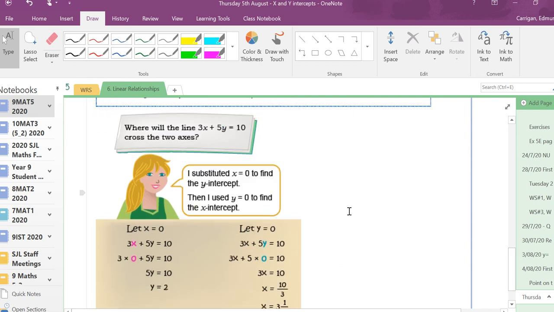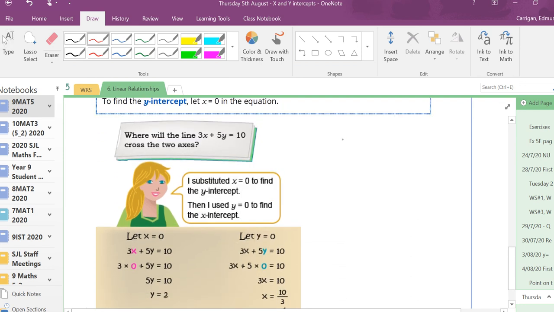So if we ask this question, where will the line 3x + 5y = 10 cross the two axes? We find the x-intercept first: y equals 0. So we have 3 times x plus 5 times 0 equals 10. 3x = 10. So divide both sides of our equation by 3, and we get x = 3 1/3.